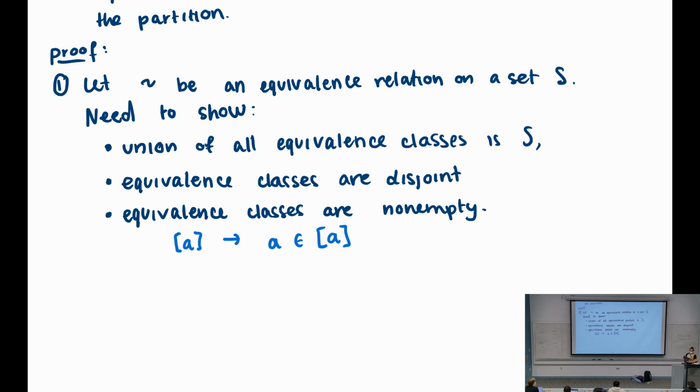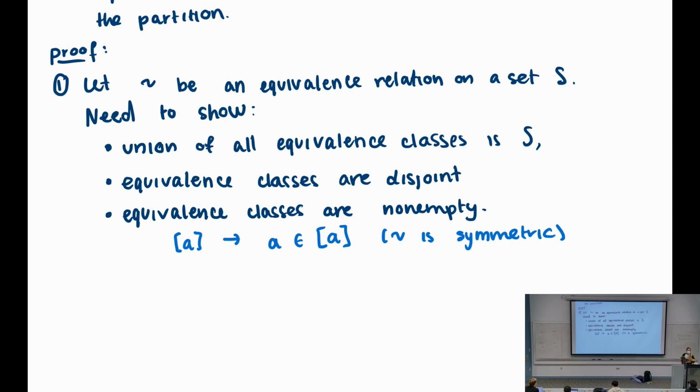Since tilde is reflexive, we always have that A is related to A, so the equivalence class of A must contain A. Okay, good. What about another one?